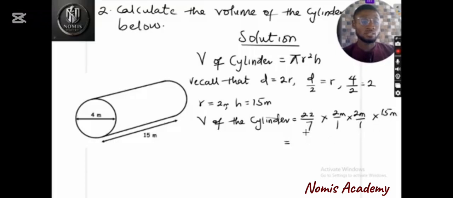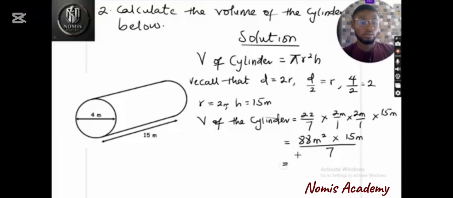So let us just get it. 2 times 22, that should be 44. Okay, let's say times 4. So we have 88 meter squared multiplied by 15 meter all over 7.